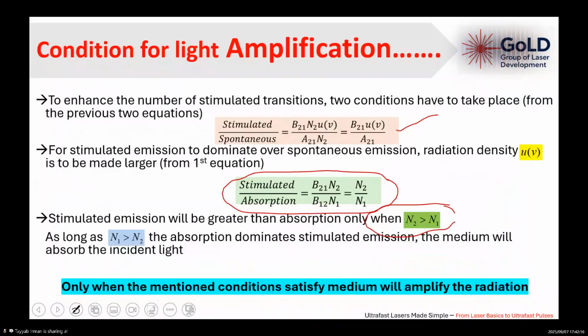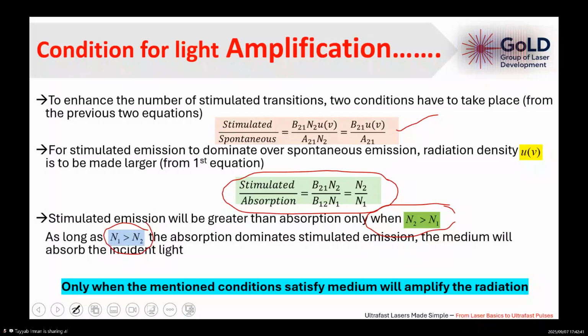As long as we have N1 greater than N2, absorption is dominating, not stimulated emission.